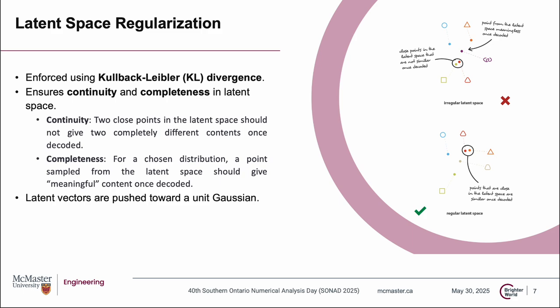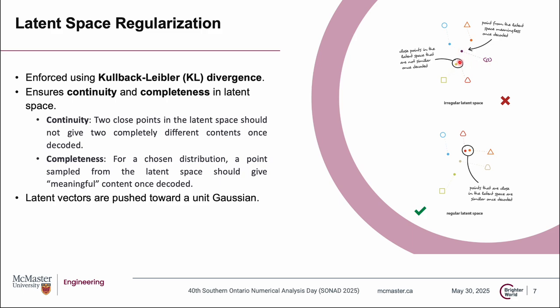So the whole idea of the variational autoencoder is in this regularization term that's added into latent space based on the Kullback-Leibler divergence. If you see this picture on the top, there are some points in the latent space that are meaningless when they are decoded because they are from empty space parts in a typical autoencoder.